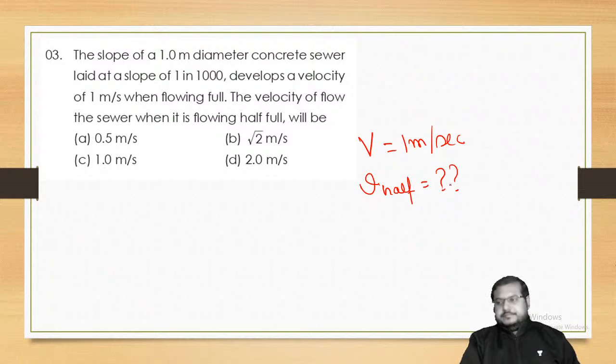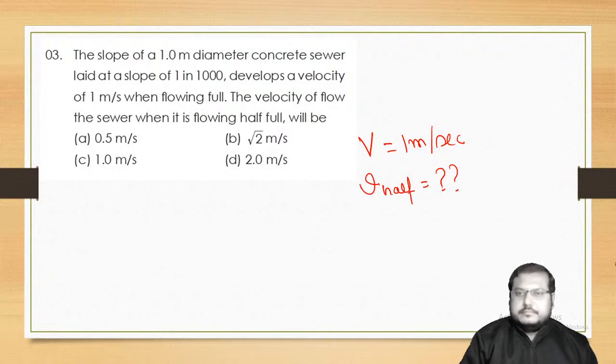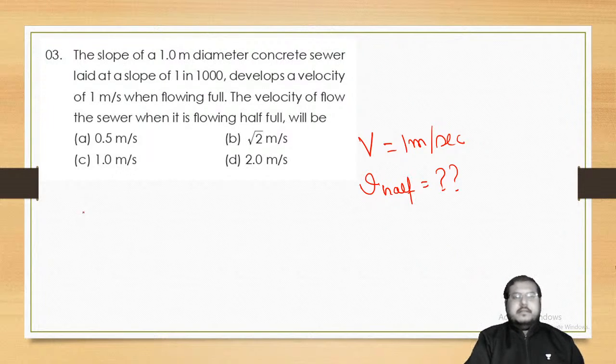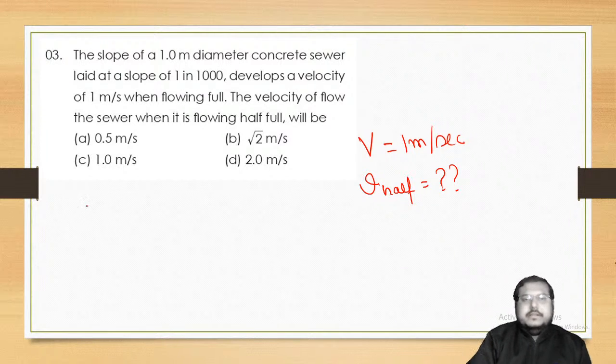I have told you while discussing the special cases of half filled sewer that if you remember the case, then many questions can be solved within a fraction of a second. For this, it will be 1 meter per second. You don't have to calculate anything.